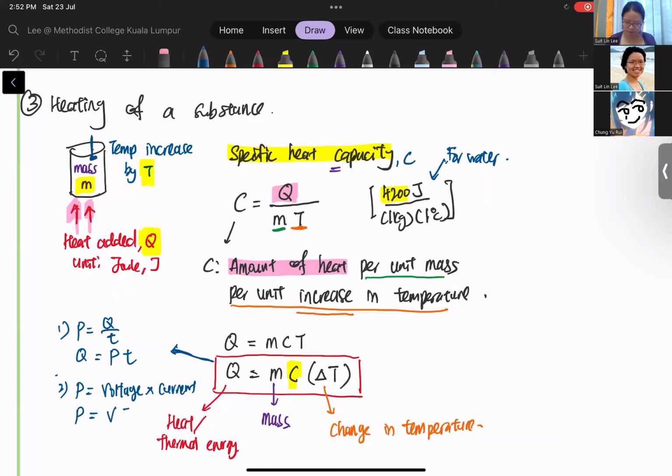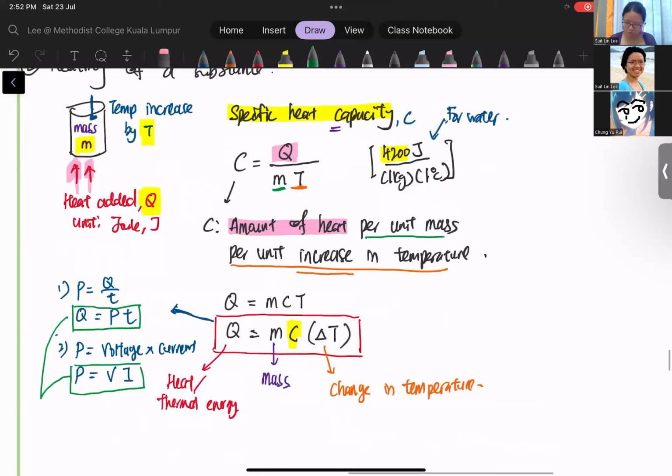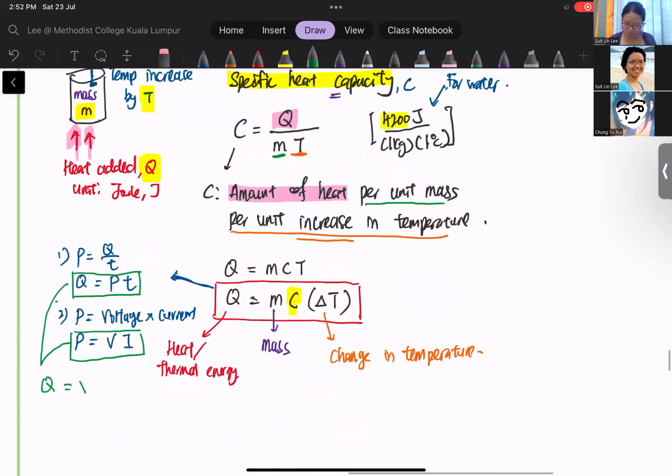P is VI. So heat is power times time. Power is voltage times current. Wait a minute. If I combine these two, I will also get Q is equal to VIT. Because this P, I substitute inside. So in place of P, I put VI and I get VIT.